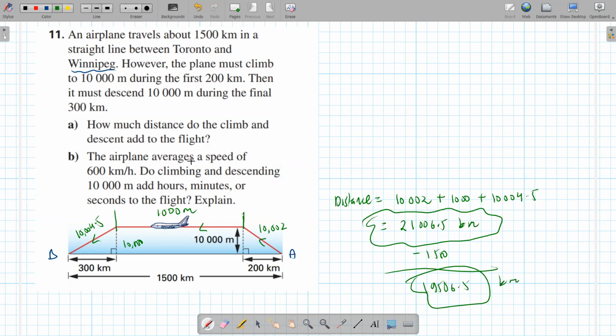The airplane averages a speed of 600 kilometers per hour. Do climbing and descending 10,000 meters add hours, minutes, or seconds to the flight?